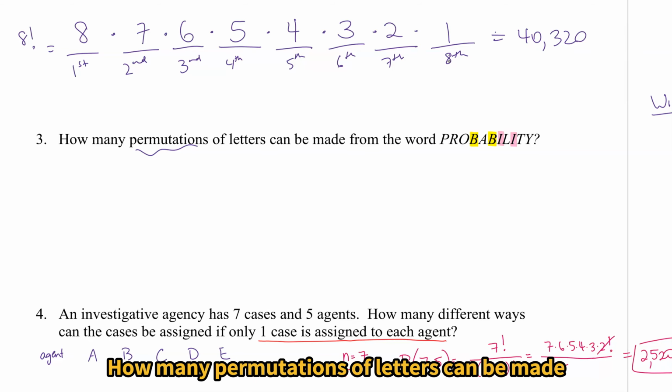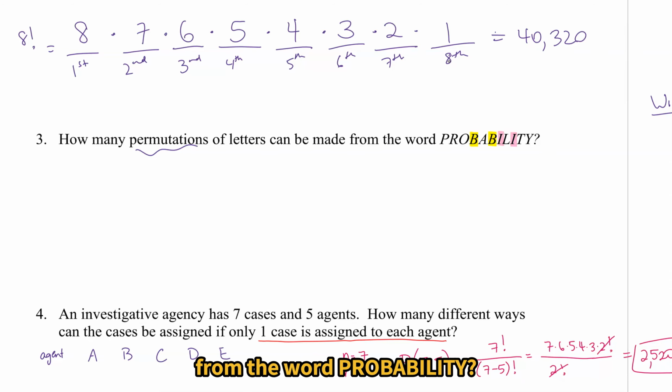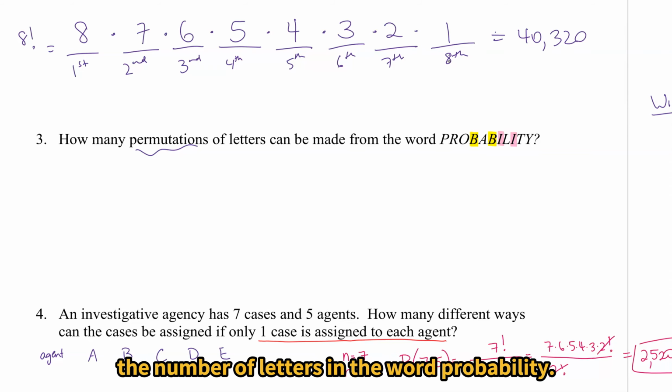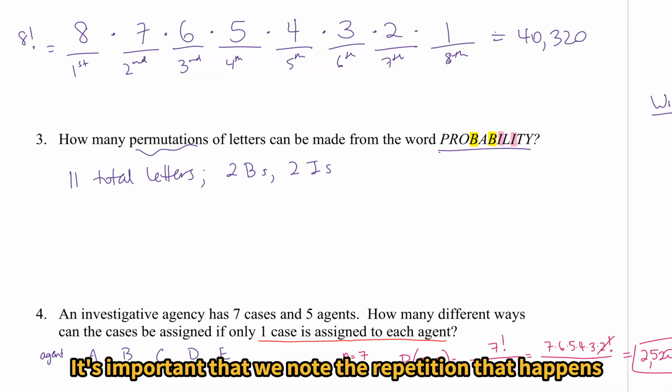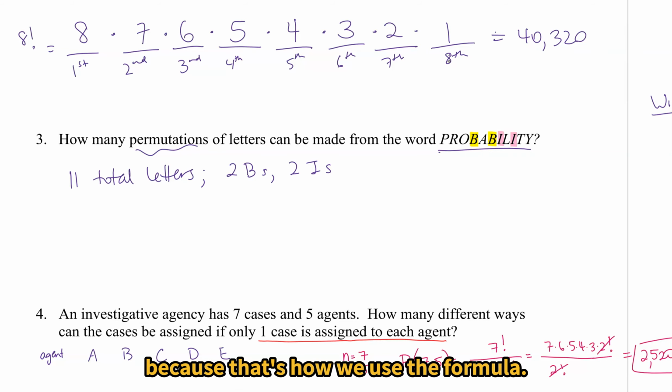How many permutations of letters can be made from the word probability? So if we count the number of letters in the word probability, there are 11 total letters. 2 B's and 2 I's. It's important that we note the repetition that happens because that's how we use the formula.